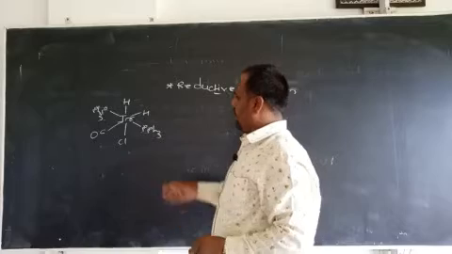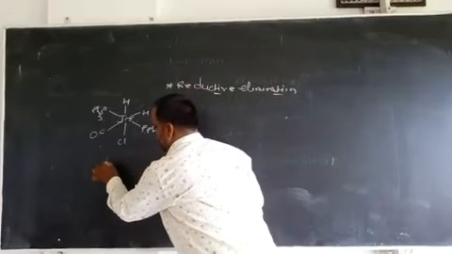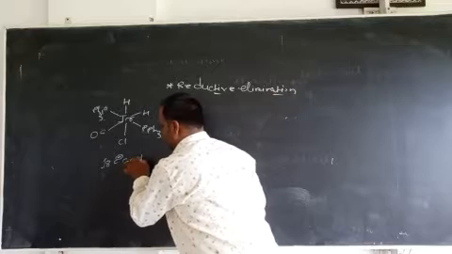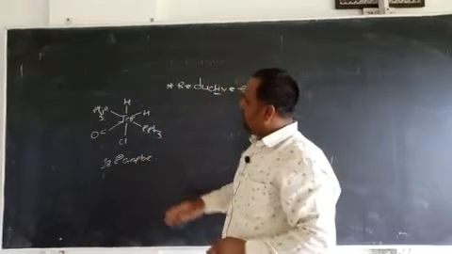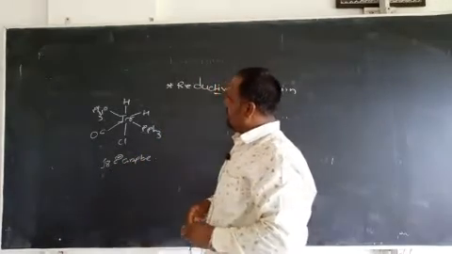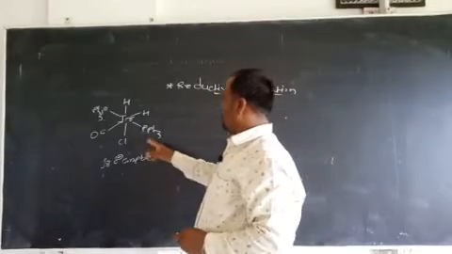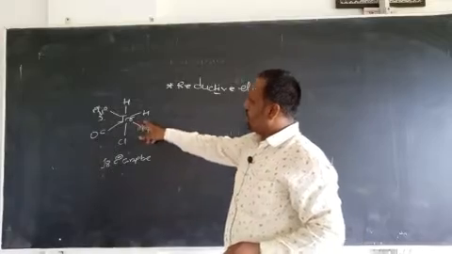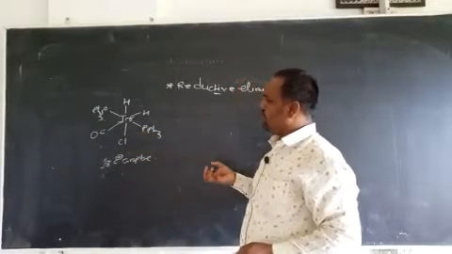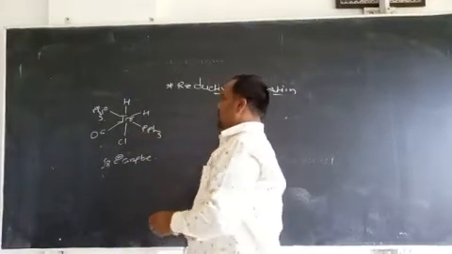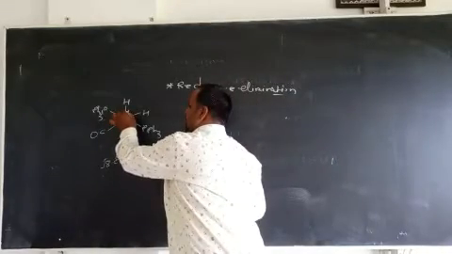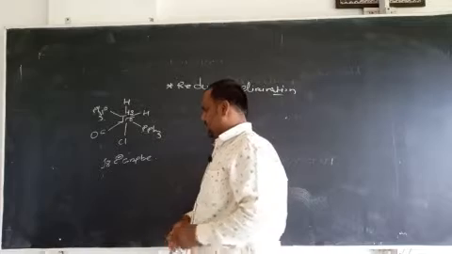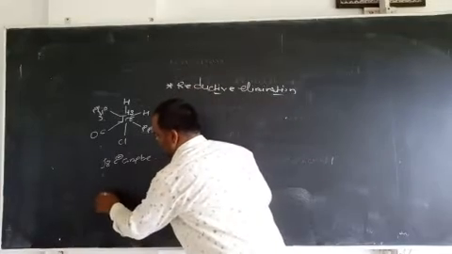So this is an 18 electron complex in which iridium is in the +3 oxidation state, because this phosphine and this carbonyl are neutral ligands, but this hydrogen and chlorine carry a certain charge. Therefore, the overall oxidation state of this iridium is +3.